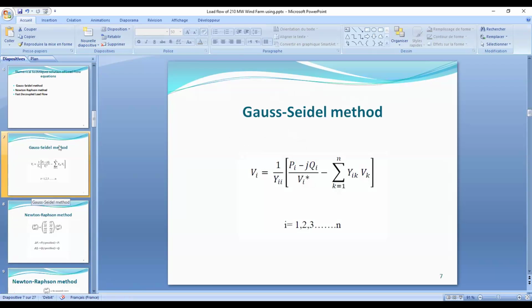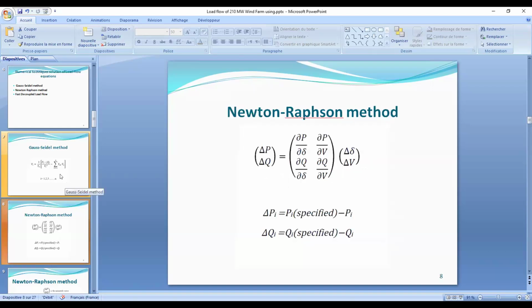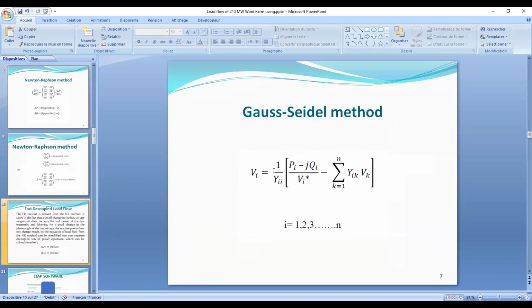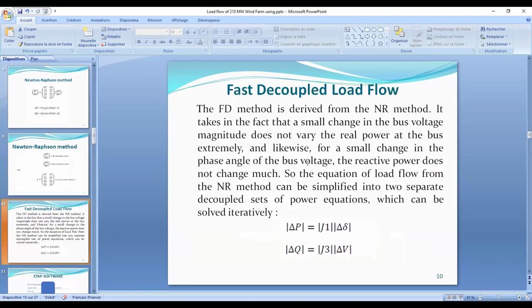The Gauss-Seidel method formulates the load flow equations and solves them iteratively. The Newton-Raphson method formulates and iteratively solves the load flow equations. And fast decoupled load flow is derived from the Newton-Raphson method.